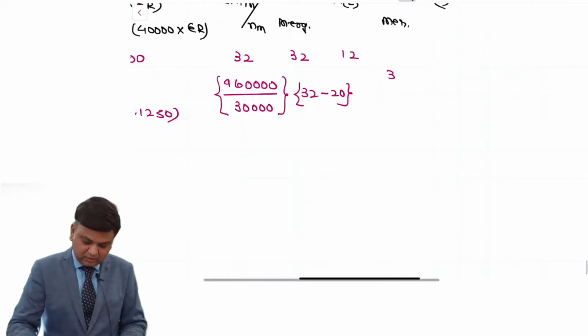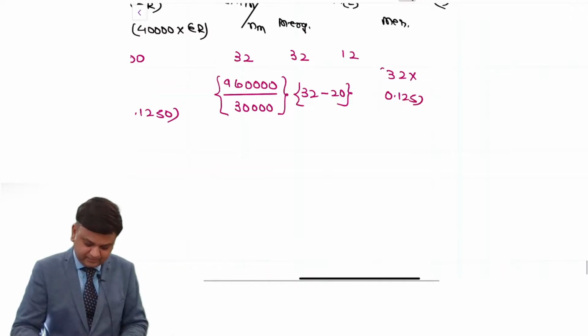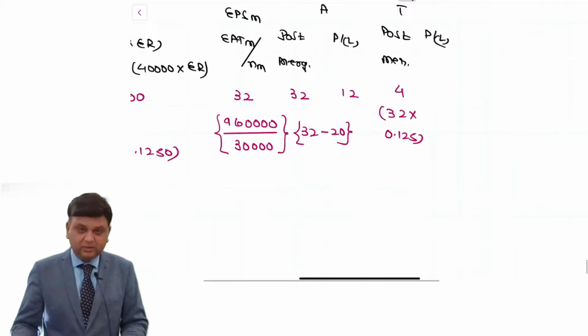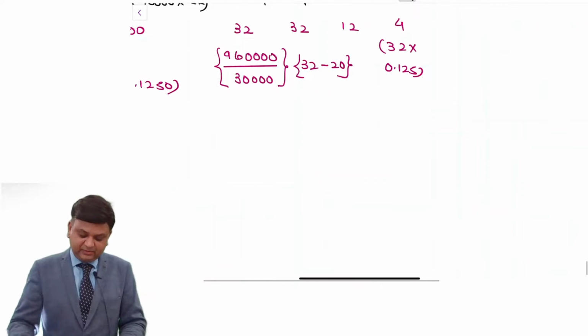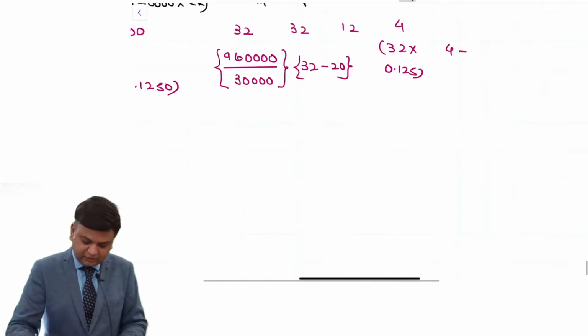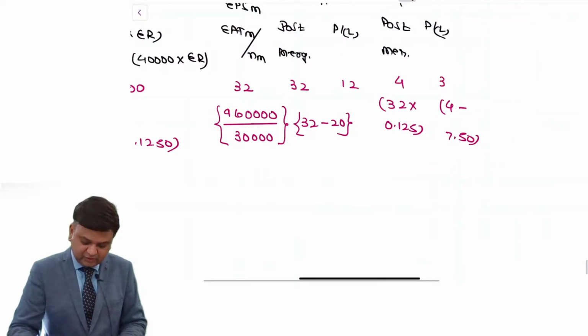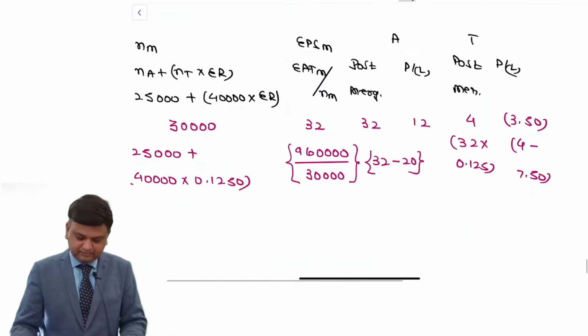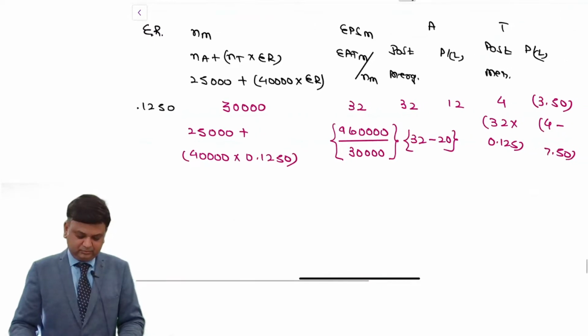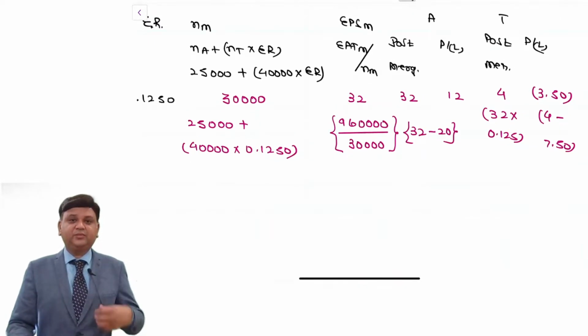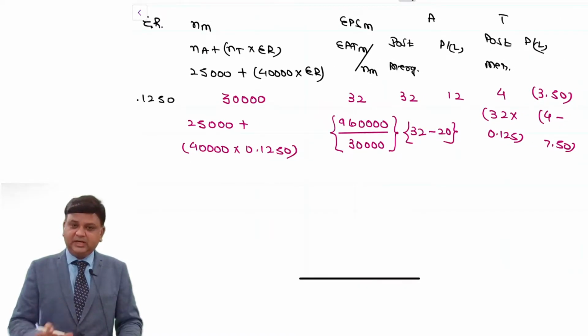Pre-merger it was 7.5. So 4 minus 7.5 is a loss of 3 rupees 50 paise. This is the answer for 0.125. Take down this much answer and try to compute the remaining on your own.